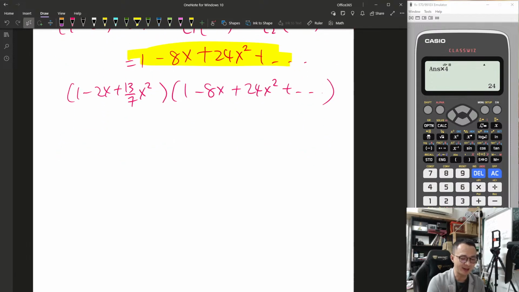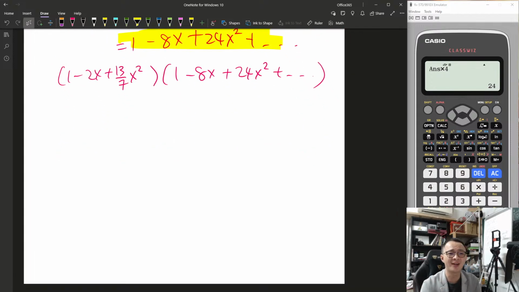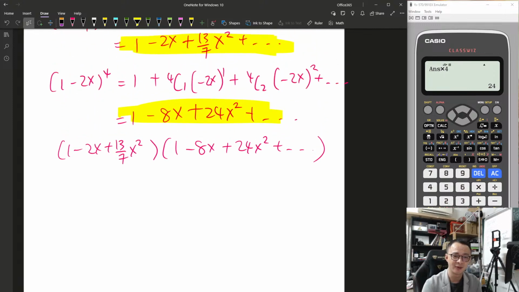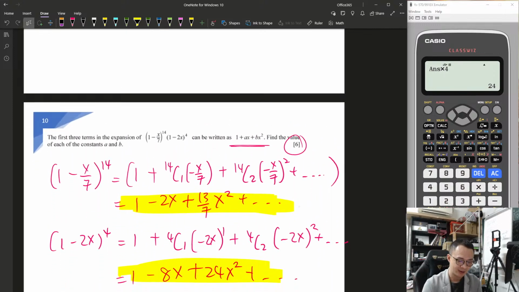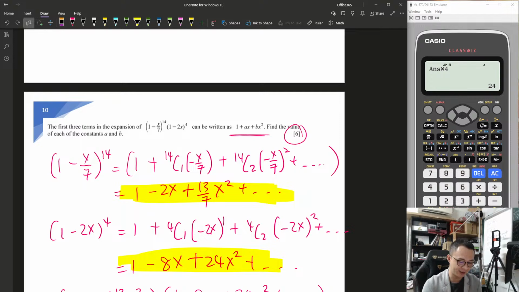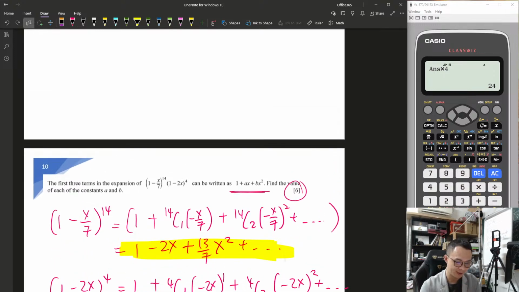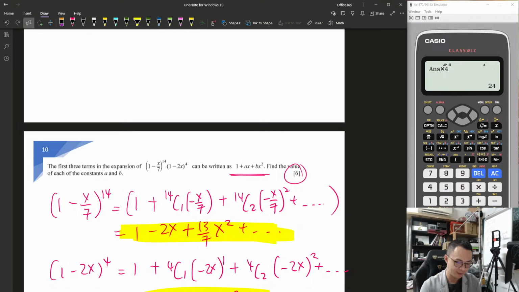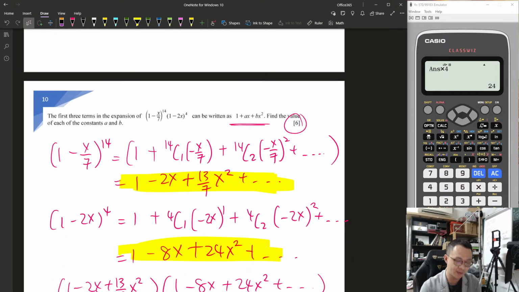So I want to get all the terms with x to the power of 0, x to the power of 1, and x to the power of 2. Let me just double confirm that I see the question correctly.